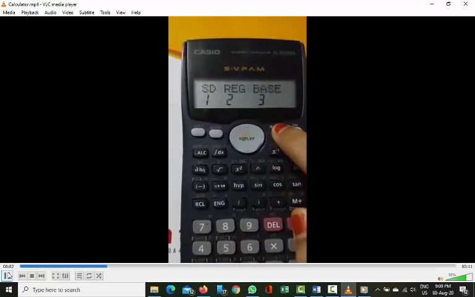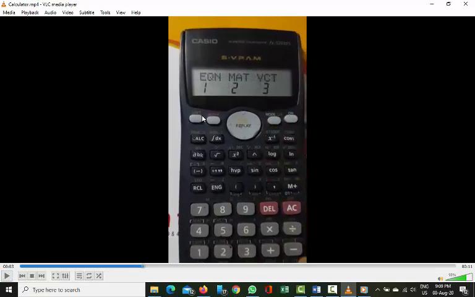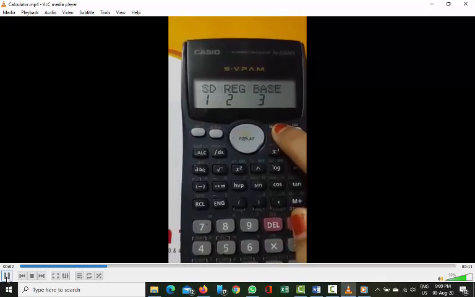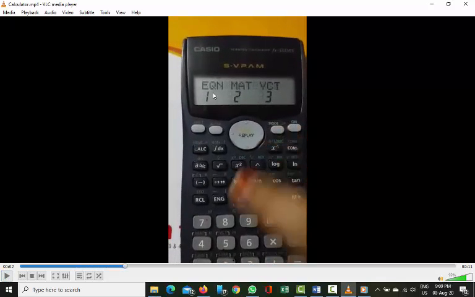Press mode again and again to get EQN. EQN means equation mode. To get equation mode, you have to press the number below it. That means you should press 1 now. So if you press 1, you will enter into the equation mode.